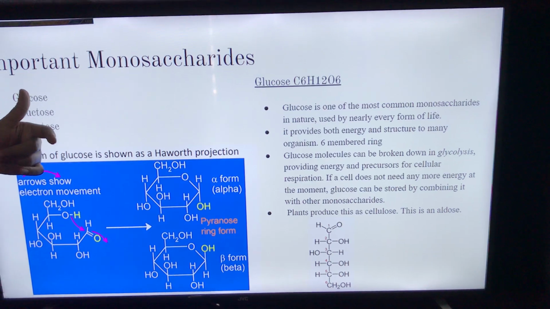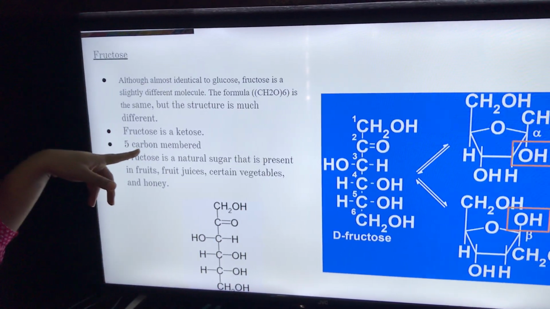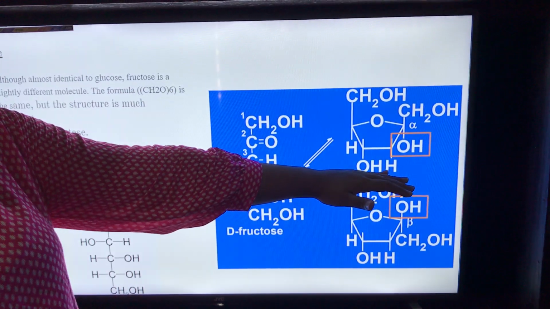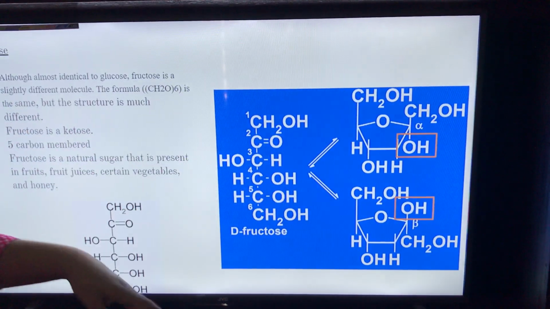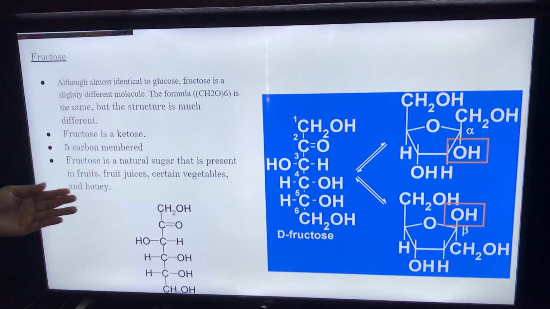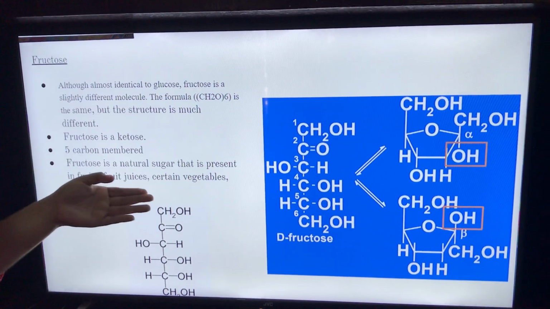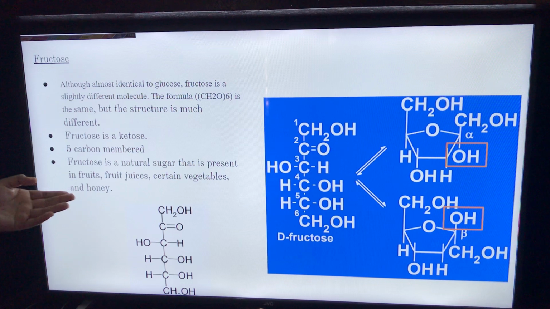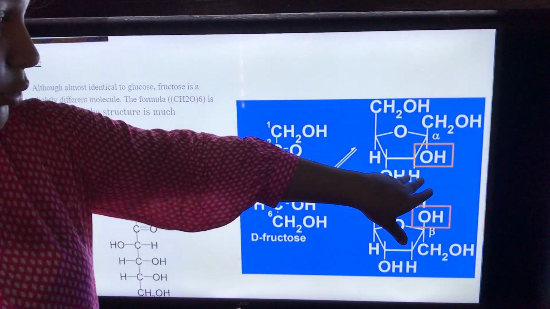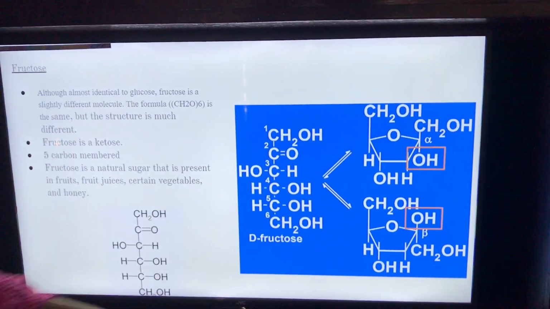And this is a 5-carbon membered ring. So when we have the ring like this, it will be known as a furanose instead of a pyranose. So fructose is a natural sugar that is present in fruits, fruit juices, certain vegetables, and honey. And here we just have explaining or pointing out if it's an alpha or if it's a beta ring.